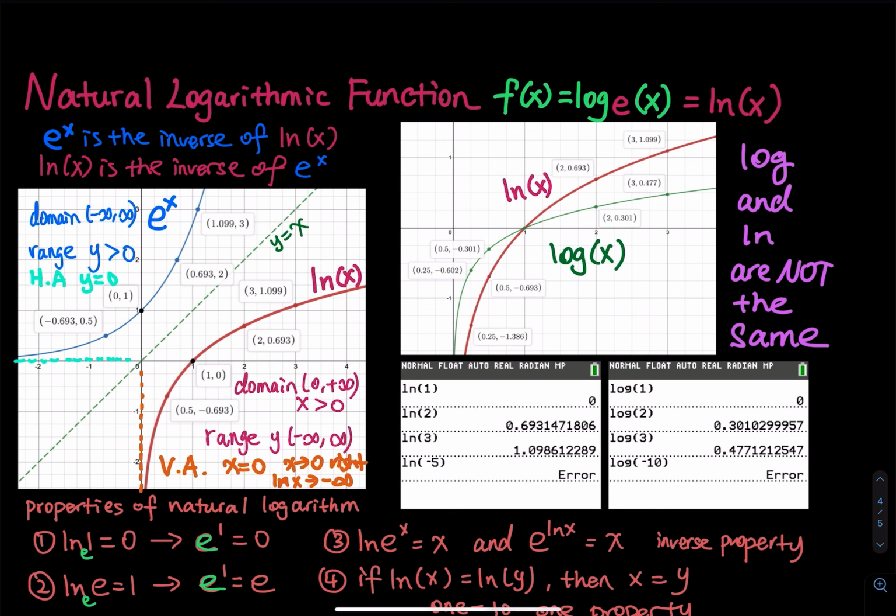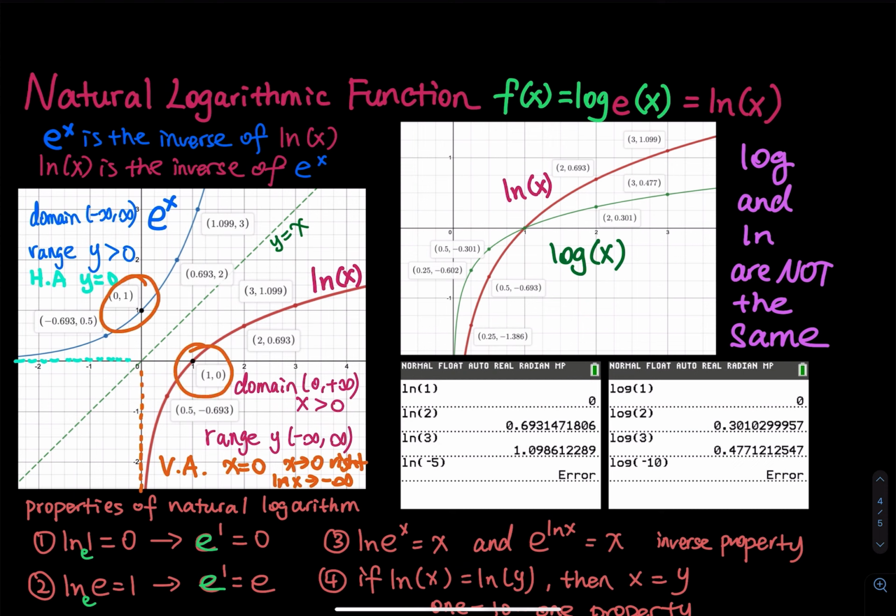And then what about y equals x? y equals x helps me to show that e to the x and ln of x are the inverse function of each other, because y equals x allows them to exchange the x and y coordinate. Let's take a look. The first point that I want you to look at is (1, 0) and (0, 1).